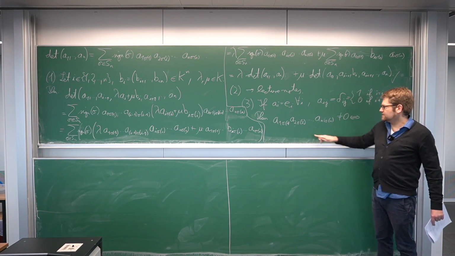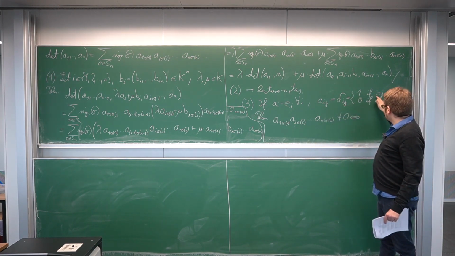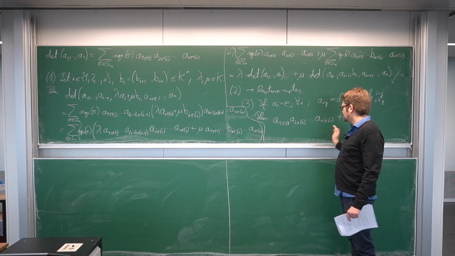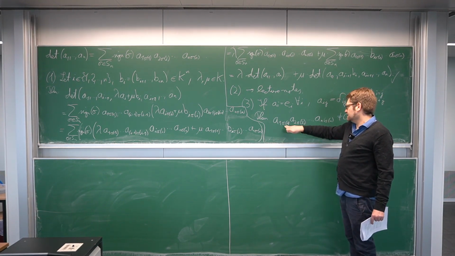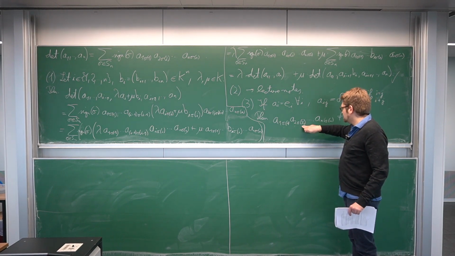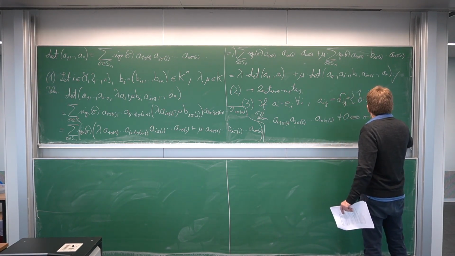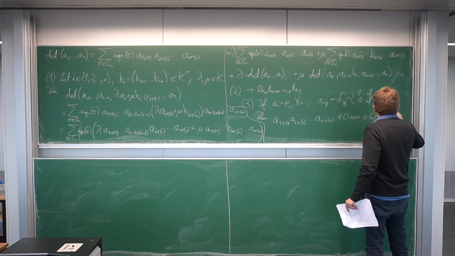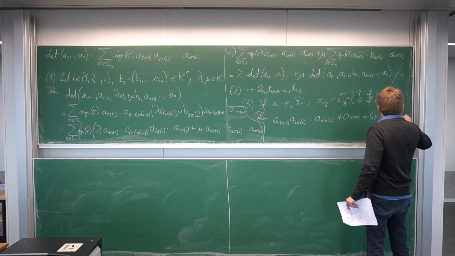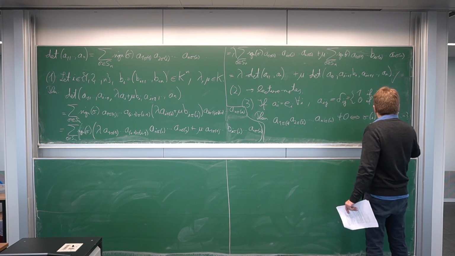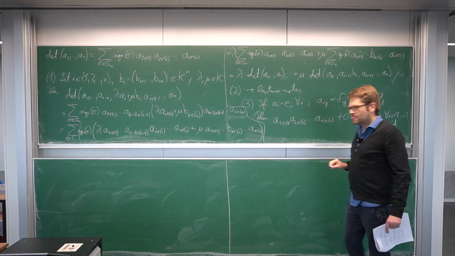We always need i to be equal to j, because otherwise the sum would be vanishing, meaning sigma of 1 must be 1, this must be 2, here must be n, and so on. So sigma of i is equal to i for all i in 1 to n, and this map is called the identity. So sigma is equal to the identity.